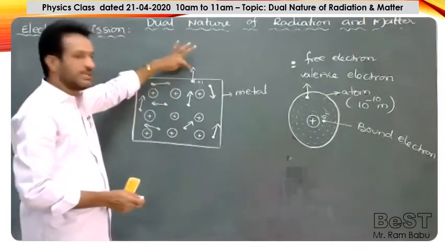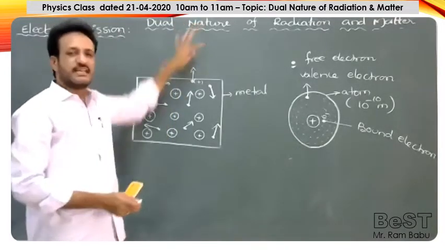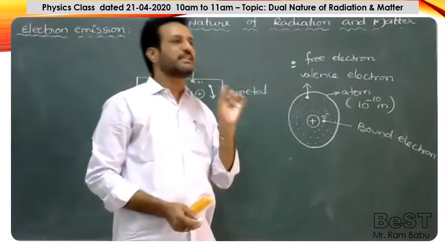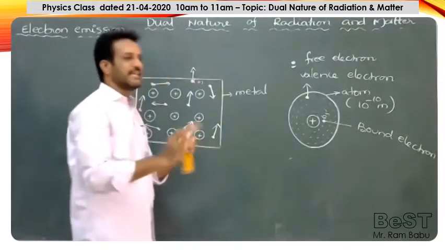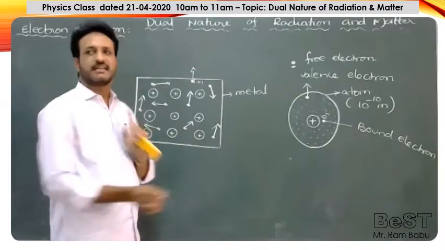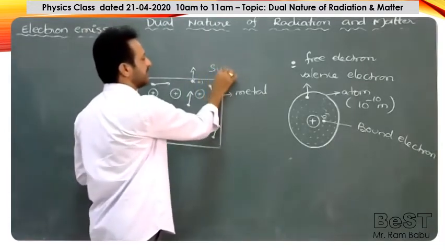Nothing is pulling the electron forward. That's why the electron cannot leave the metal surface on its own. The surface of the metal behaves like a barrier, like a wall, and that barrier is called the surface barrier.